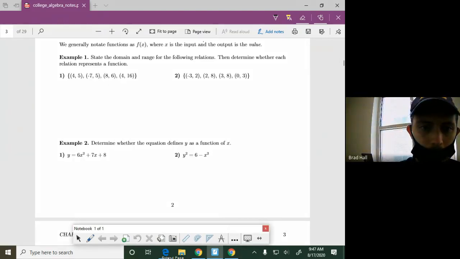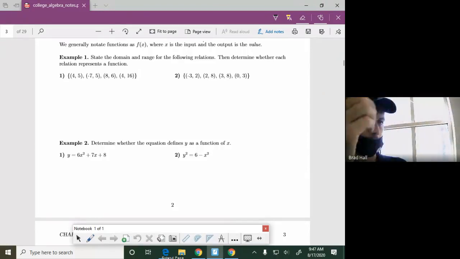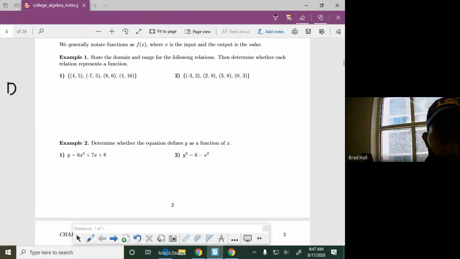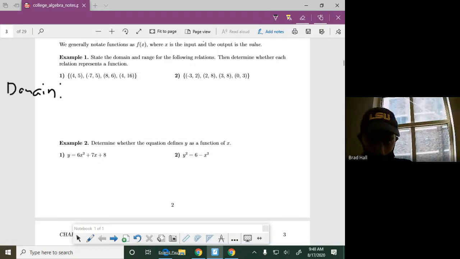I'm a little bit clunky with the stylus. I'm still trying to figure it out. This is supposed to say domain, I swear. The domain is simply the collection of x values. So how do we collect them?